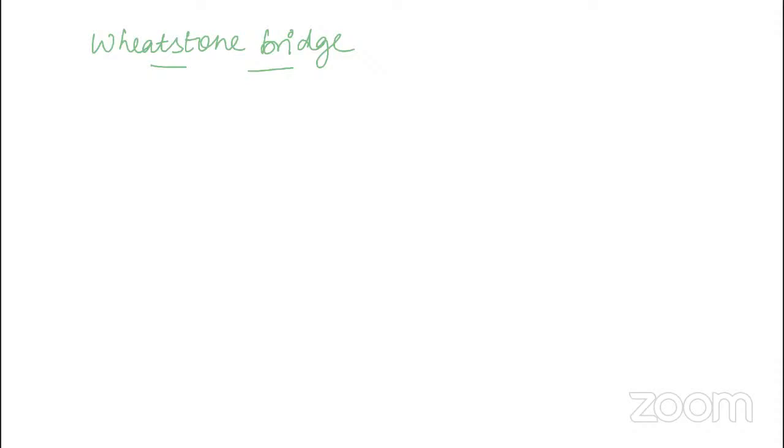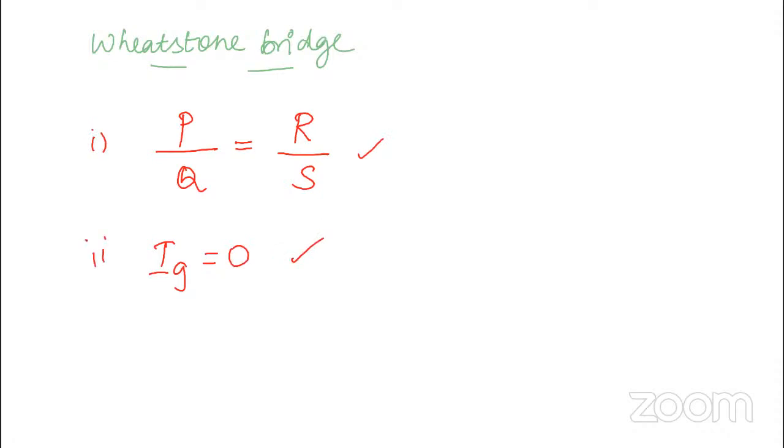In that Wheatstone bridge, keep in mind the formula P by Q is equal to R by S if the bridge is in balanced condition. We are using this one, that is IG is equal to 0. So these two conditions are very, very important in the Wheatstone bridge.